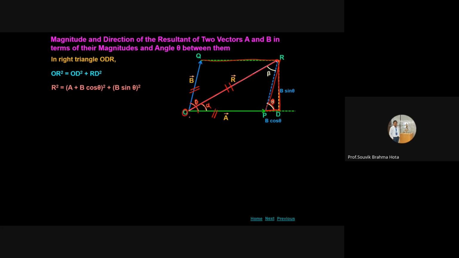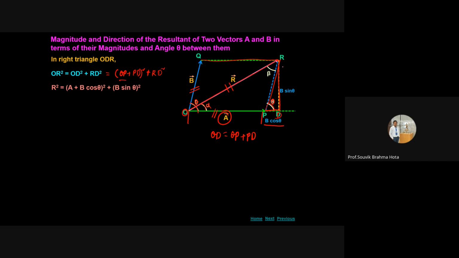OD is the total thing, OP plus PD. So OD square is OP plus PD whole square, plus RD square. Now OP is what? Vector A. PD is B cos theta.